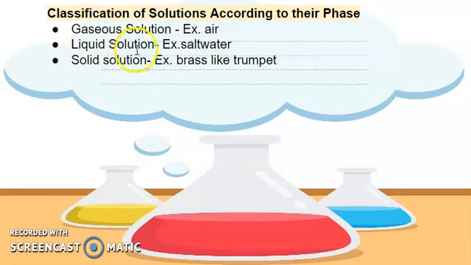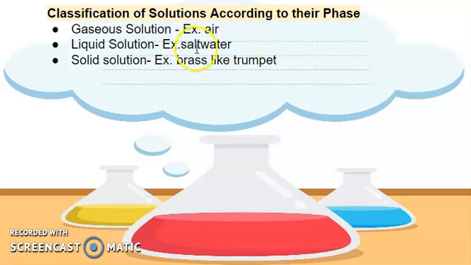For the liquid solution, it could be a solid dissolved in liquid, gas dissolved in liquid, or liquid dissolved in liquid, as long as the final output is a liquid solution. Example of that is salt water. So salt dissolved in water.